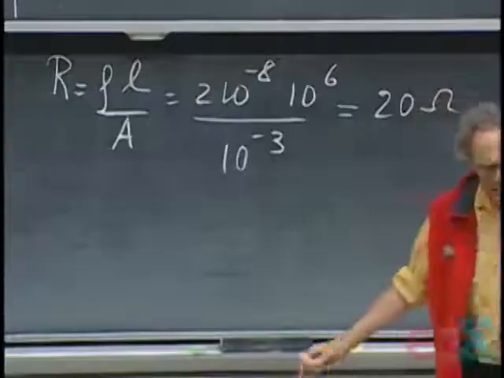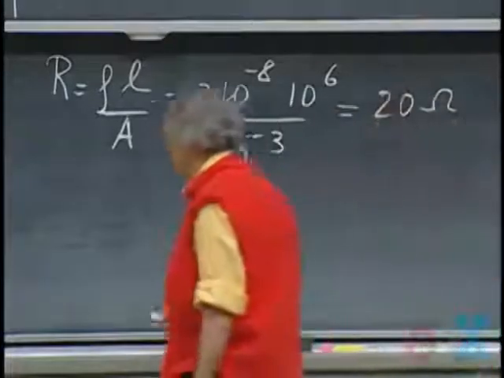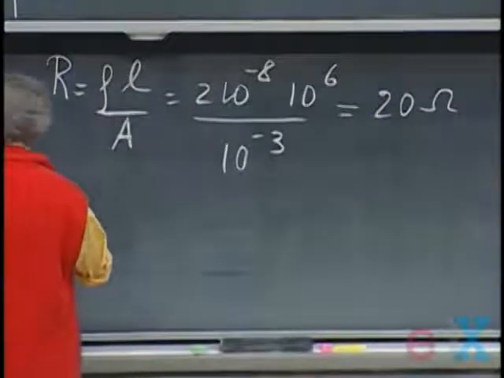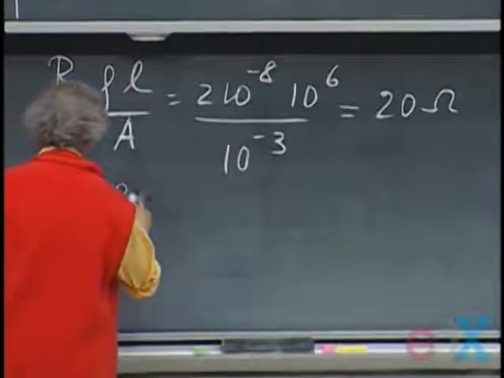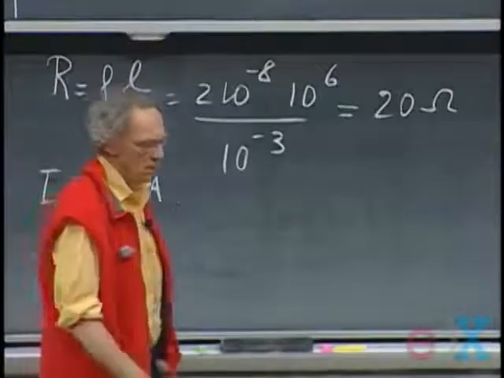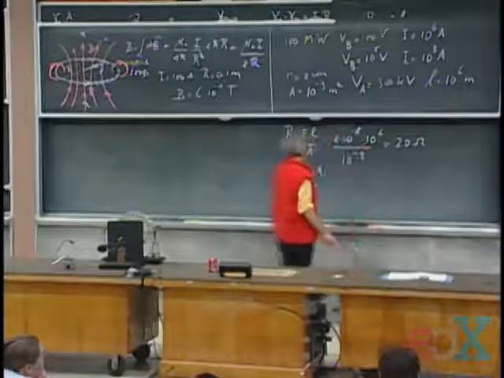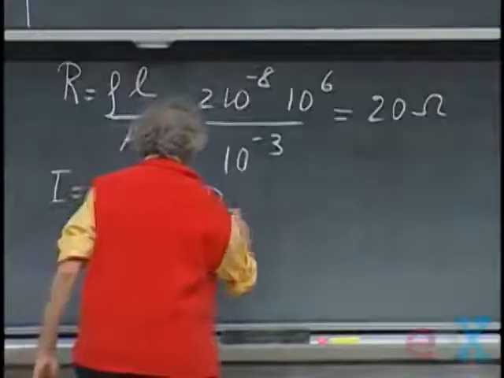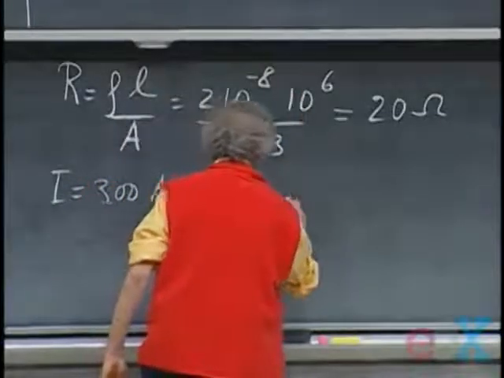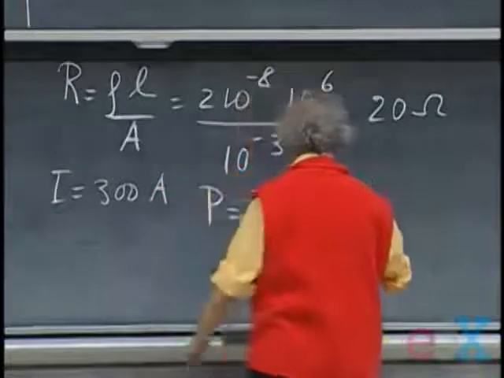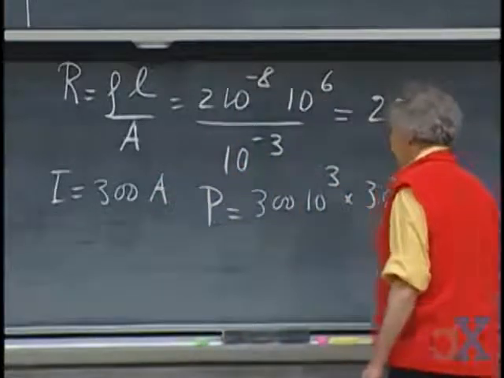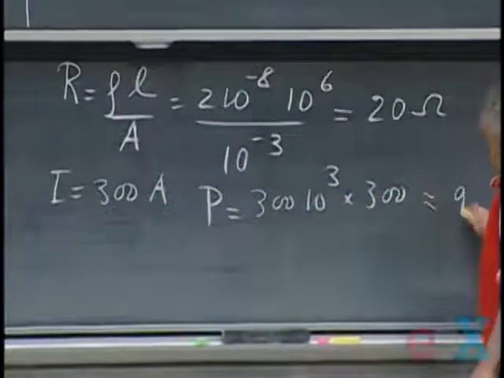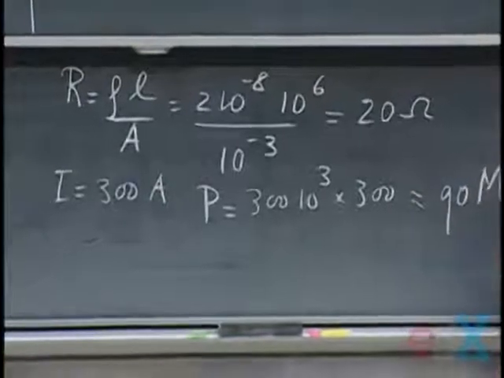And to make the numbers a little easier, if we have a current, say, of 300 amperes, then the power that the power station produces, if we take the 300 kilovolts for now, would be the 300 kilovolts times the 300 amperes, and that is about 90 megawatts. That's close to the 100 that I had in mind earlier.